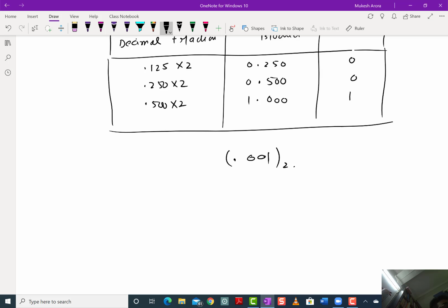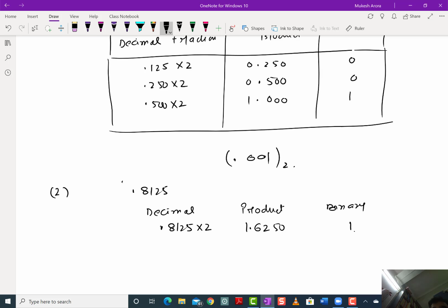Now we can do one more sum, that is 0.825. We have to change it to binary: decimal, product and binary. Decimal is 0.825. Product will be 1.650 and binary is 1.